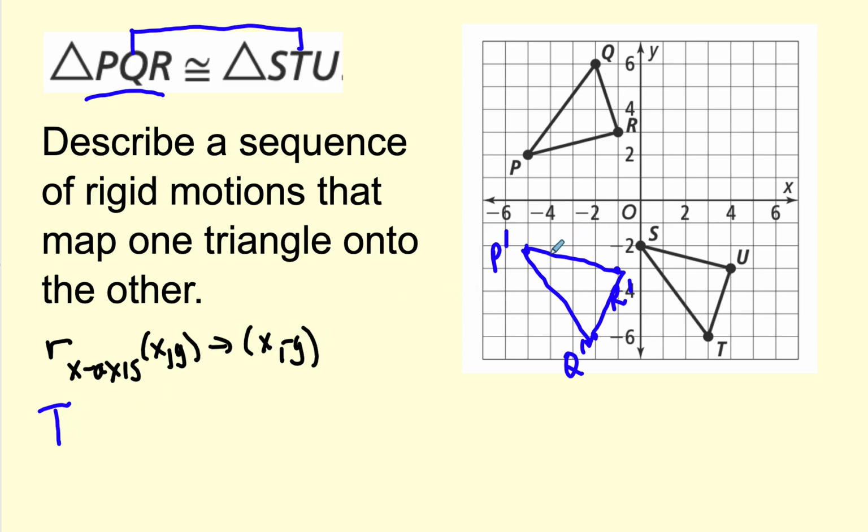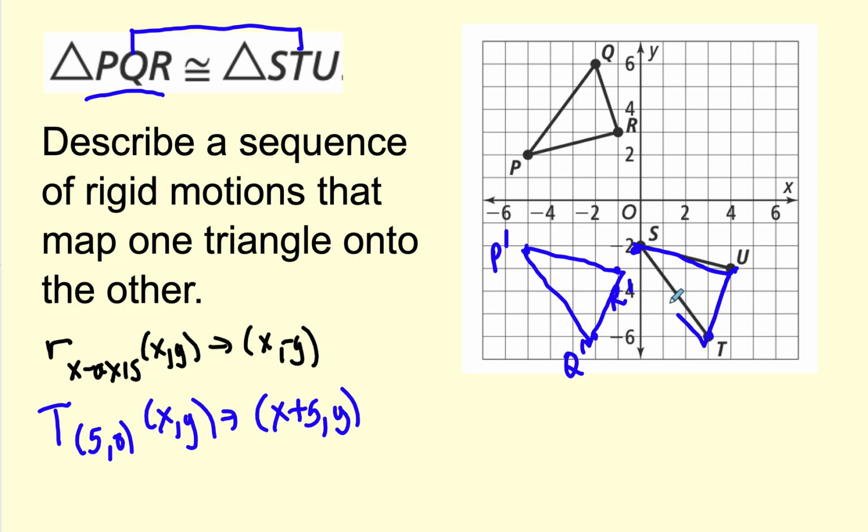The translation is I'm just going to move this point P prime 1, 2, 3, 4, 5 units to the right. 5 units to the right and not up or down. So that means the rule is going to be (x plus 5, y). So this will be moving over 5 to map here, move over 5 here, move over 5 here, and you can see that it will indeed map to this.